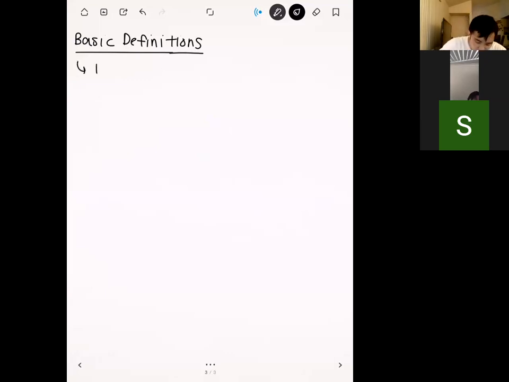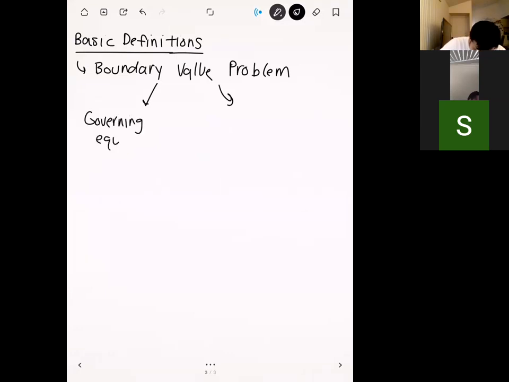Remember, there are two components to a boundary value problem. The first component is our governing equation, and the other component is boundary conditions. It's just that how we interpret these is going to be different.